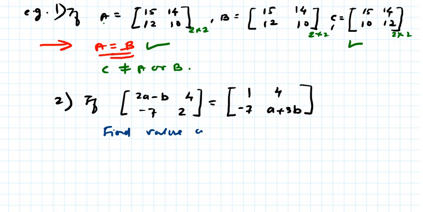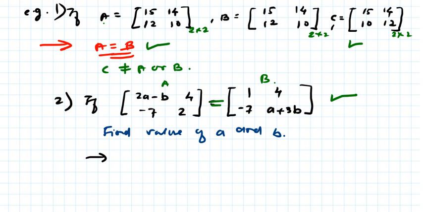Now in this example we have been given the data. Suppose this is matrix A and this is matrix B, and what they are saying is that both the matrices A and B are equal. This is the given thing.